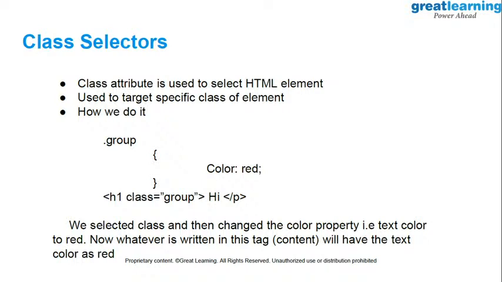It is used to target a specific class of elements, and you use a dot sign for classes. Octothorpe for ids and dot for classes. Now whatever is written in this h1 tag will have its text in red. This is how the CSS class selector works. Great.